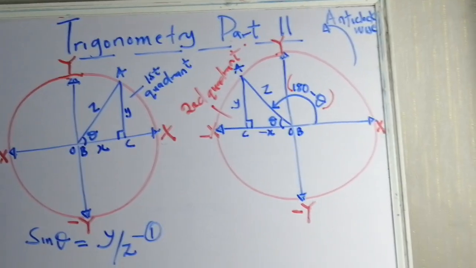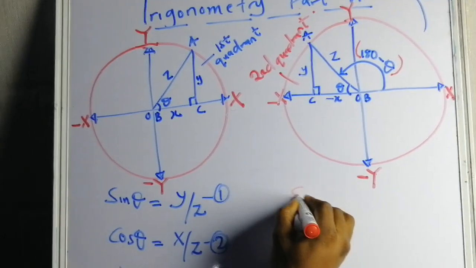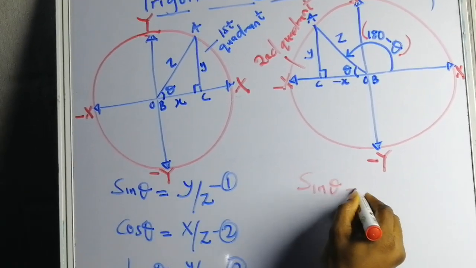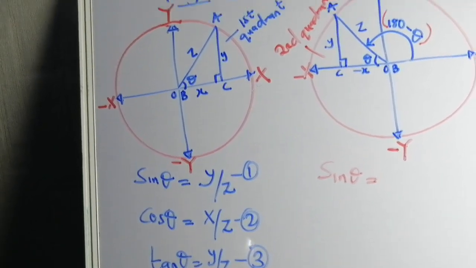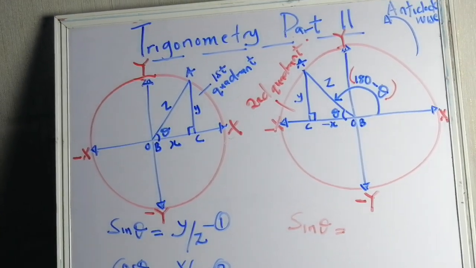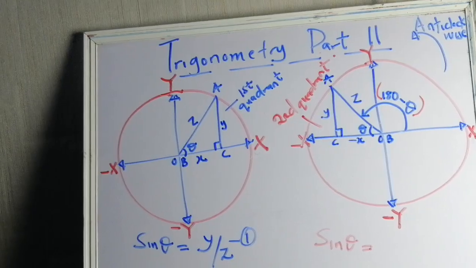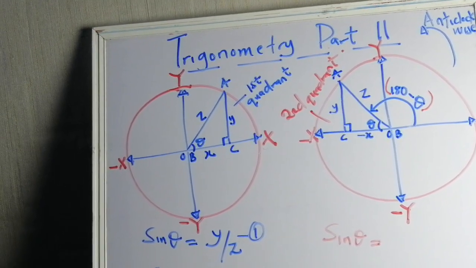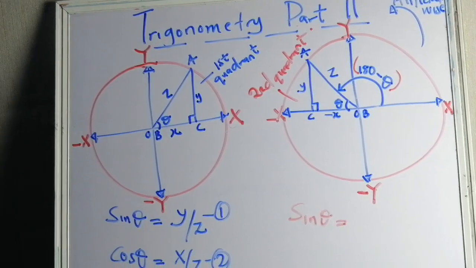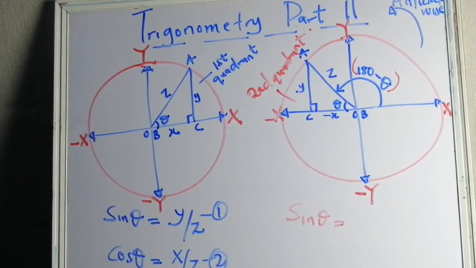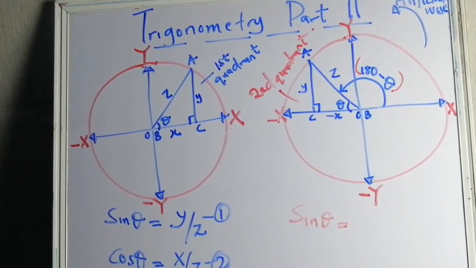So in this case, what do we get for our sine theta? The same thing, we will still apply our SOHCAHTOA. You see how important SOHCAHTOA is now, and Pythagoras theorem in trigonometry 1, because the one we are dealing with is just trigonometry. We have trigonometry 1, trigonometry 2, we also have trigonometry 3.